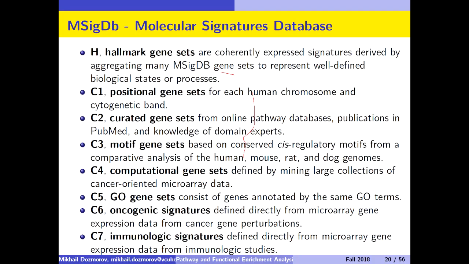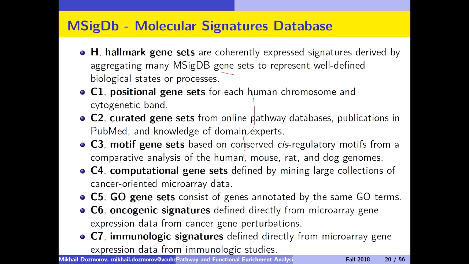I jump to the C6 and C7 sections because they are similar to hallmark gene sets, except that C6 is oncogenic signatures. Same principle. People look at cancer-related publications, find gene signatures corresponding to cancer-related or tumor suppressor processes, and put them in as a list. One is a list of tumor suppressors, another a list of oncogenes, and so forth.